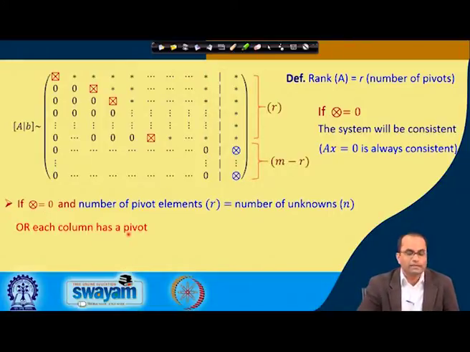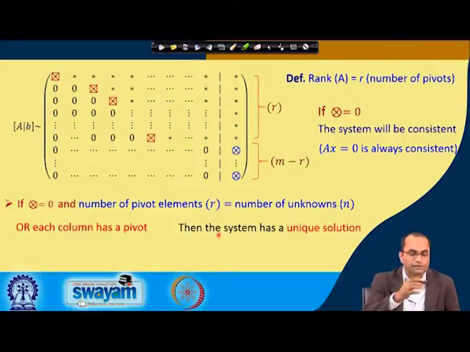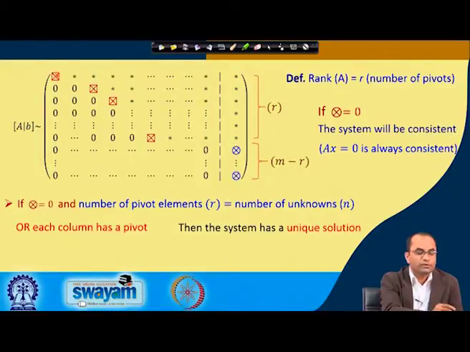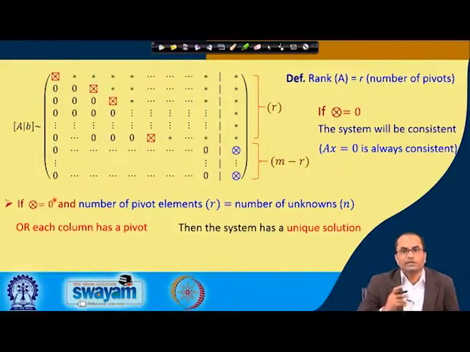If each column has a pivot, then the system has a unique solution, because a column cannot have more than one pivot, because of the property that below the pivot everything should be 0. So, each column can have only one pivot, and the number of pivots equal to the number of unknowns means each column has a pivot, because the number of columns equals the number of unknowns. In that case the system will have a unique solution.